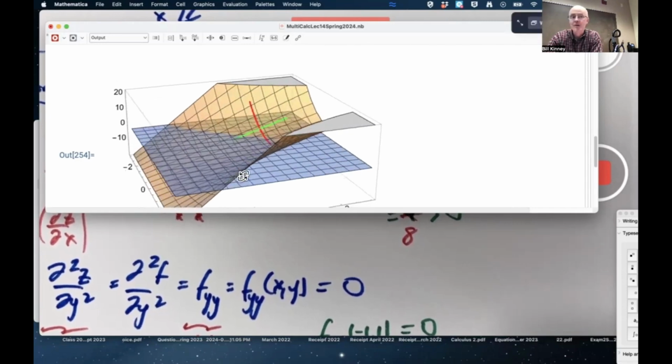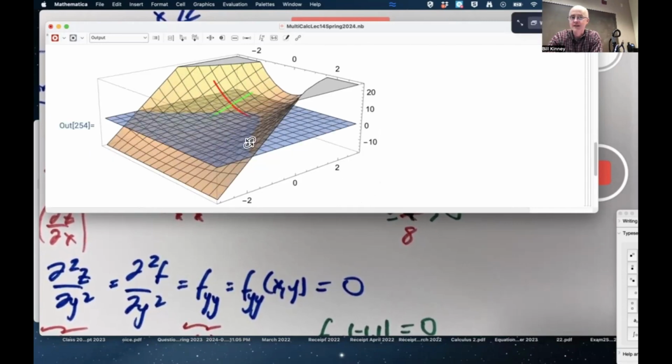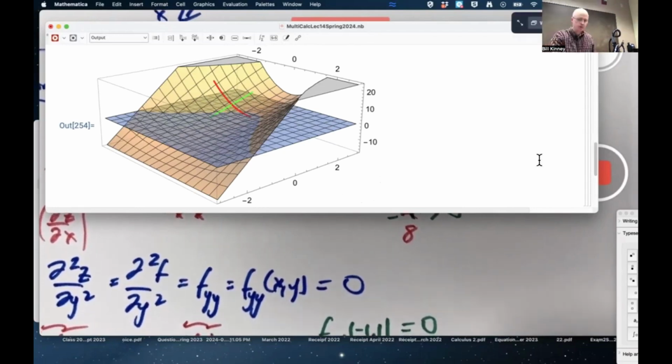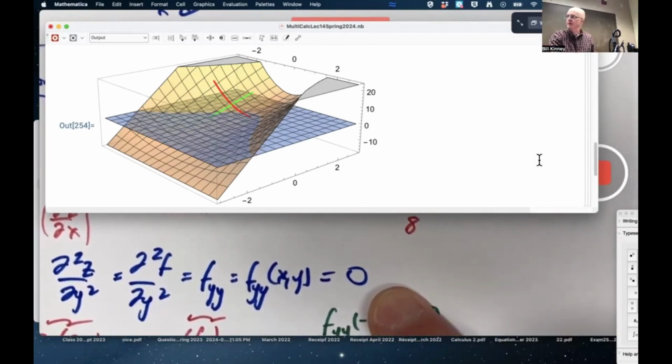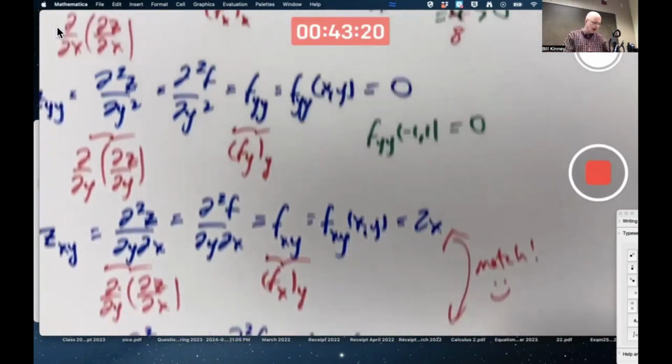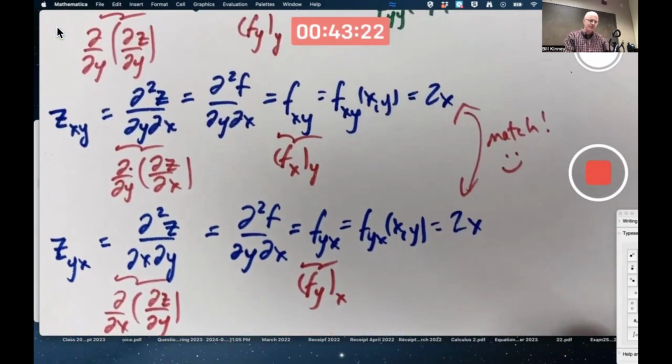In fact, it is. For any fixed value of x, the intersection of the plane that you would get, that value of x is going to be a straight line like you see here with this green line. Even though the overall graph is not flat, it's not a plane. It's because the second order partial with respect to y twice is always 0. How do you interpret the second order mixed partial?